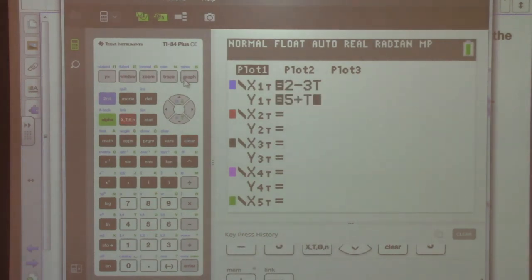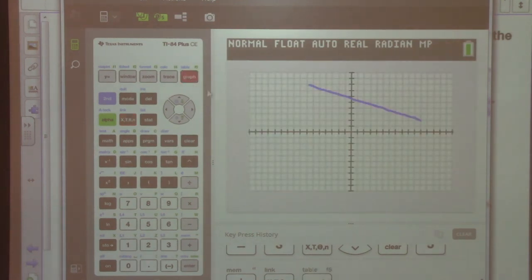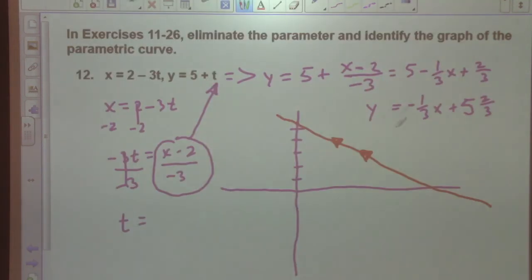And I haven't changed the time setting at all, but that's kind of what it looks like, right? And if you eliminate the time restrictions, the thing just keeps on going forever. And then to trace, okay, if we go to trace, yeah, that's the direction of time. So looks like a good problem.